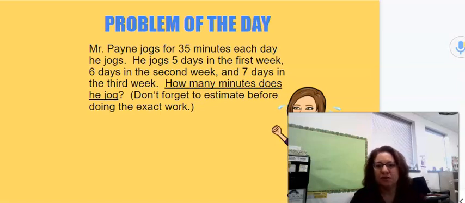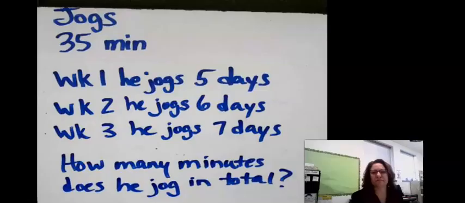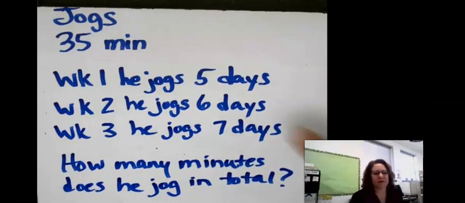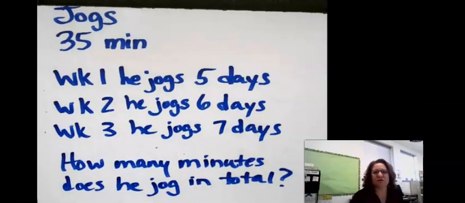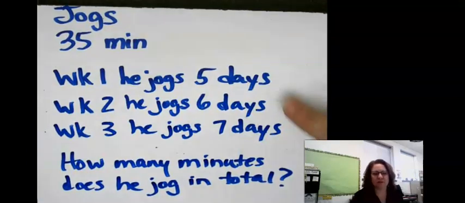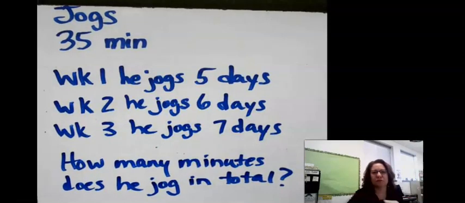So let me show you the UPS check. Alright, so I know he jogs 35 minutes when he jogs. Week 1 he jogged 5 days. Week 2, 6 days. Week 3, 7 days. How many minutes does he jog in total?